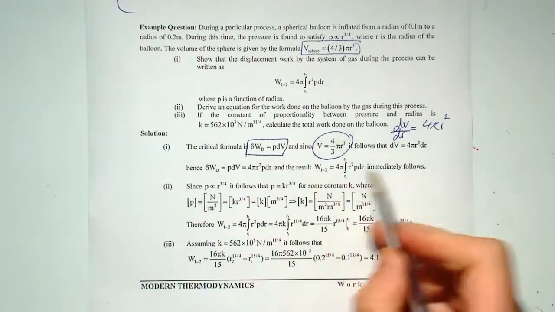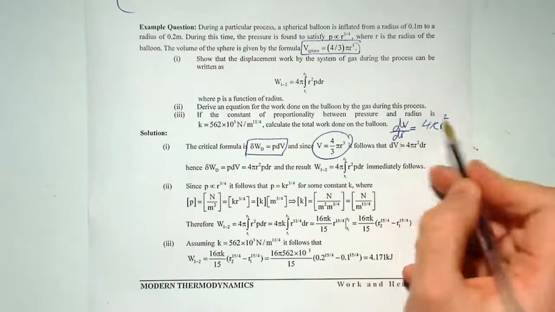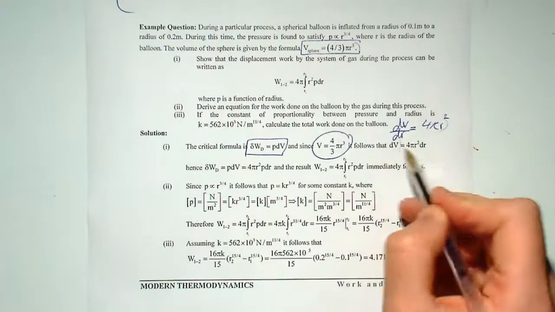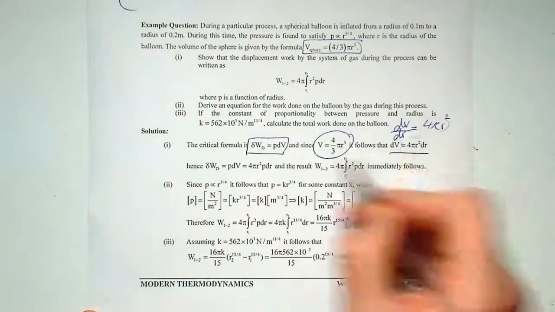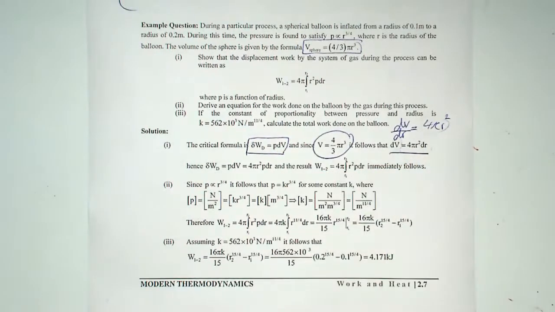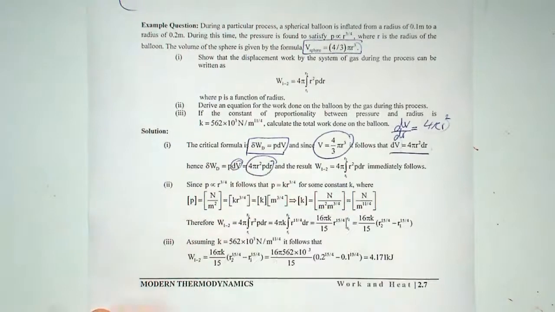So by doing that, we know that dV is this times dr, and that's actually what I've got here. So I can simply replace dV by this equation. This is what I've done here. And all I need to do now is to integrate this equation.